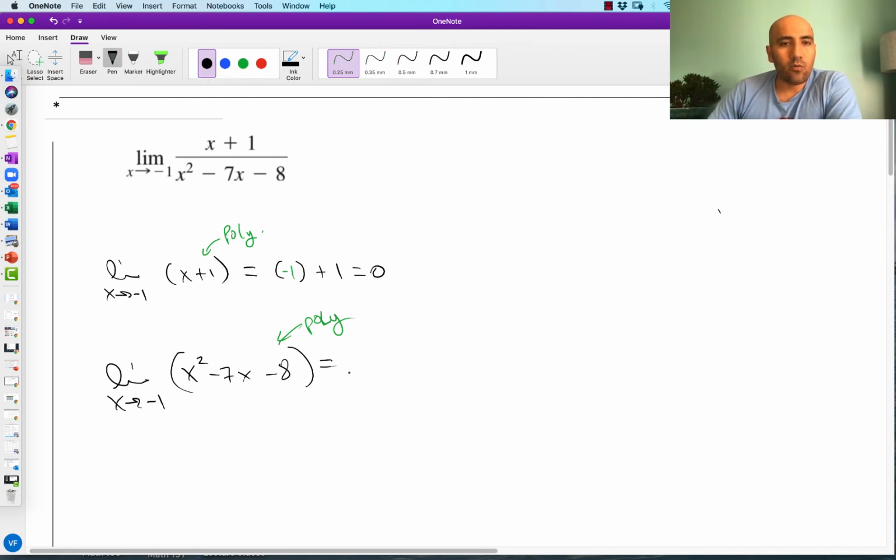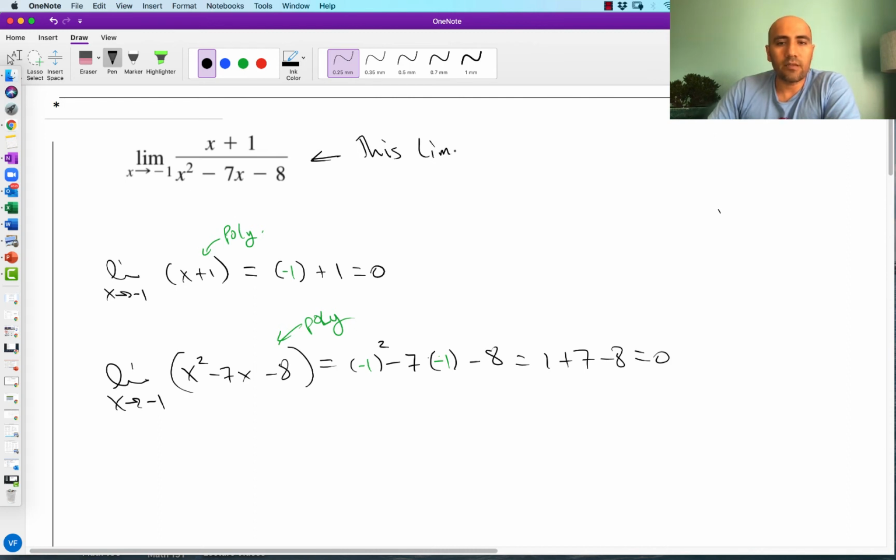So this is going to be equivalent to something squared minus 7 times something minus 8. And so this is going to be minus 1 there. And we see that this whole thing is going to be equal to 1 plus 7 minus 8, which equals 0.